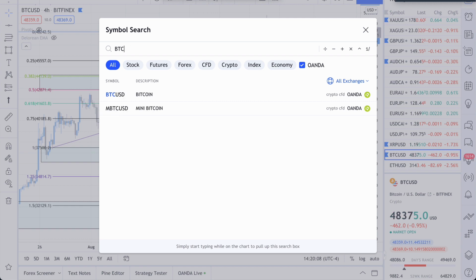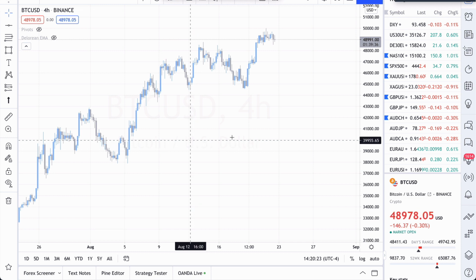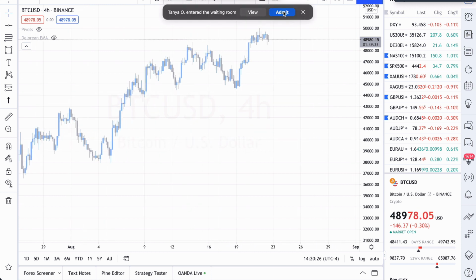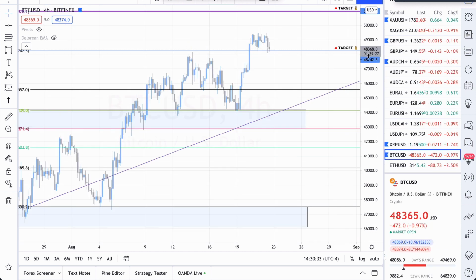Let's try another broker and see if it differs. BTC USD. Let me uncheck Oanda. Let's look at Binance as an example. See, on Binance, it's around 48,980. So let's go back. See the difference? 48,385 on Bitfinex.